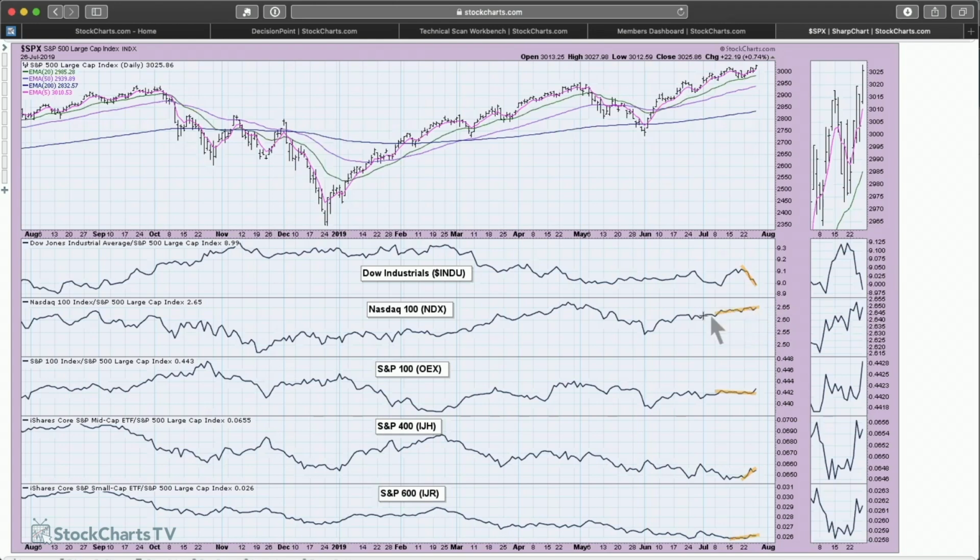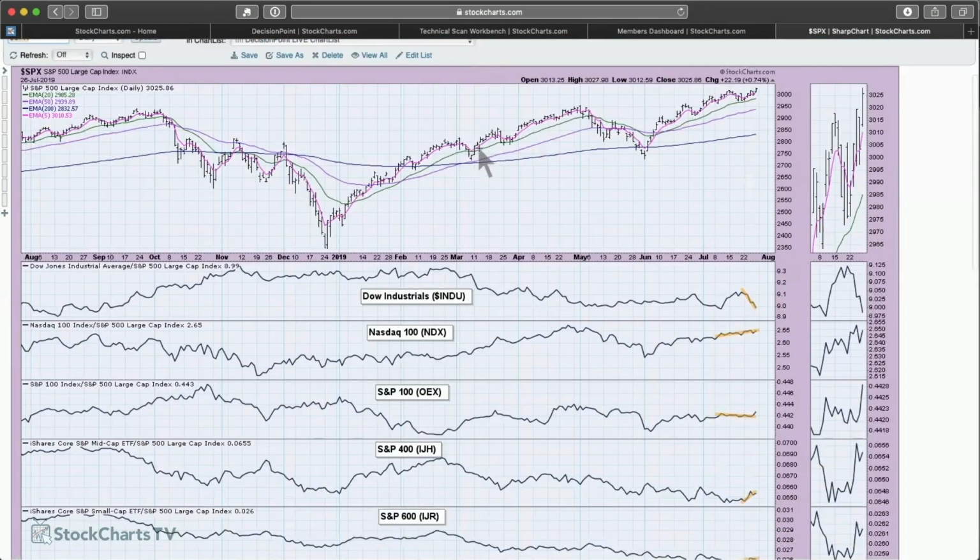NASDAQ is still on a nice roll, outperforming somewhat from the S&P 500. OEX is performing pretty much the same, although you can see today we did get a move to the upside there, some outperformance showing with the OEX. And S&P 400, look at this, we're finally starting to see a little bit of movement off of the relative lows. And the S&P 600, we're getting there. It is starting to show some improvement, but I really liked the look of the mid caps price.